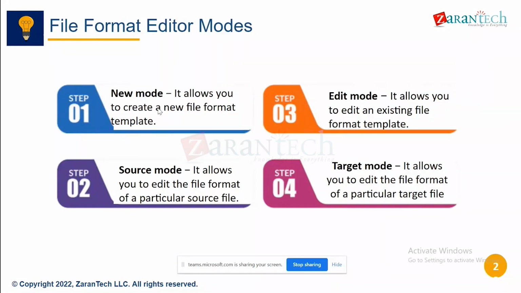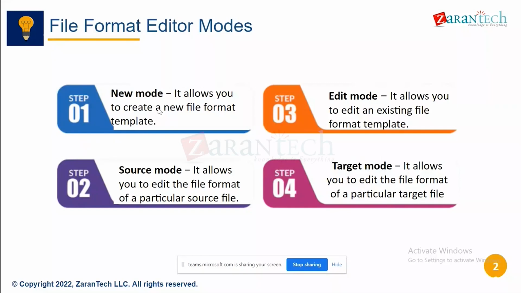In the same way, we right-click, and if you click on new, the file format option will come. In that file format, we can choose the file's path, the file name, and the delimiter the file uses, whether it is a comma, semicolon, or whatever.